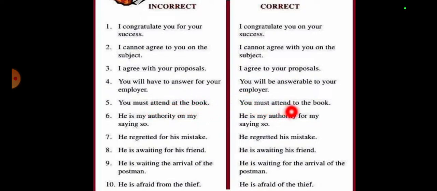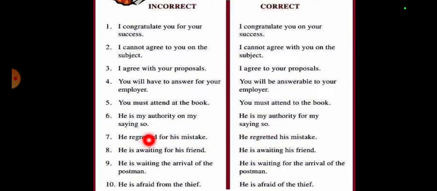No, you must attend to the book. Attending to is something, right? He is my authority on my saying so. He is my authority for my saying so. Similarly, viewers, there are some words, we can say verbs, which do not take a preposition after them because the meaning of the preposition is already inside them. For example, regret, regret for is something wrong, he regretted his mistake, this is right.